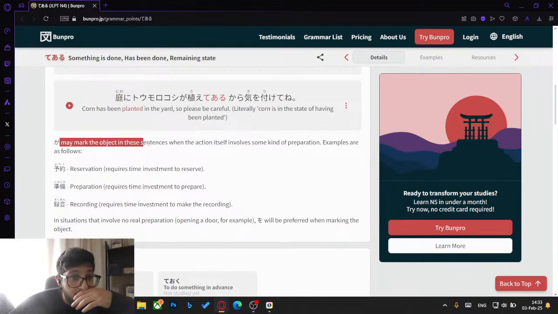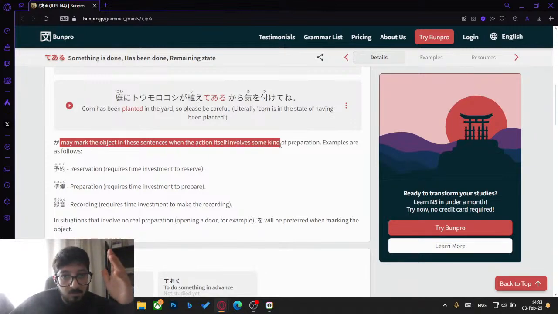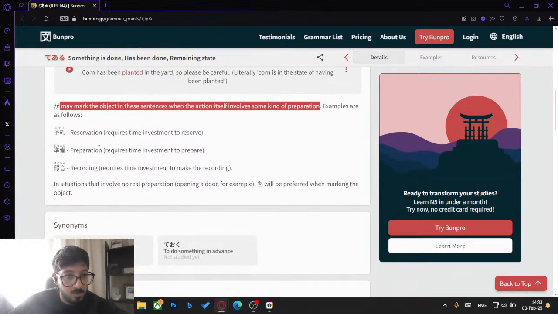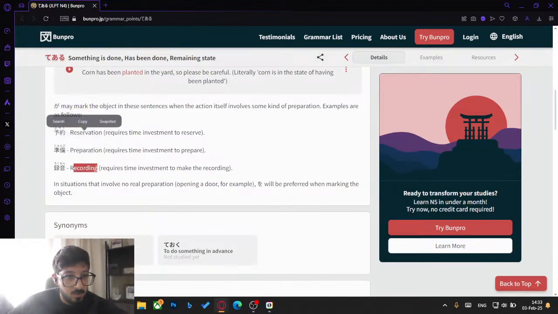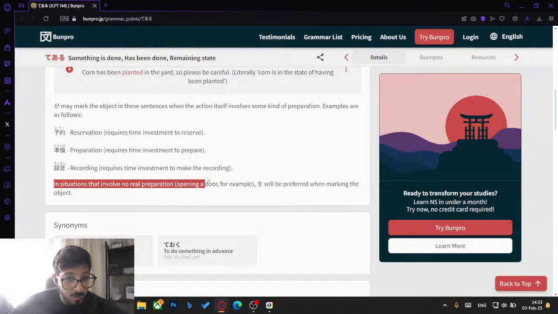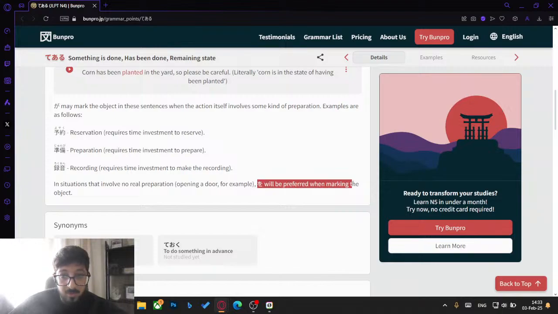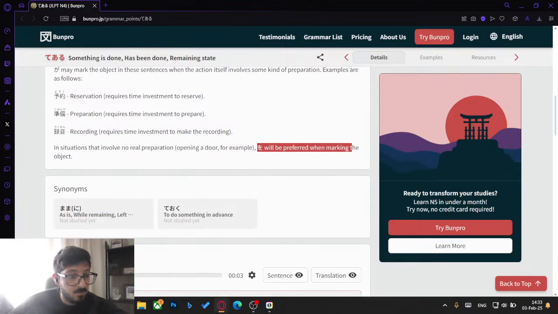Ga may mark the object in these sentences when the action itself involves some kind of preparation. Examples are as follows: reservation, preparation, recording. In situations that involve no real preparation, opening a door, for example, o will be preferred when marking the object.